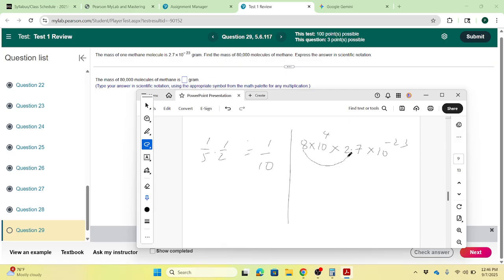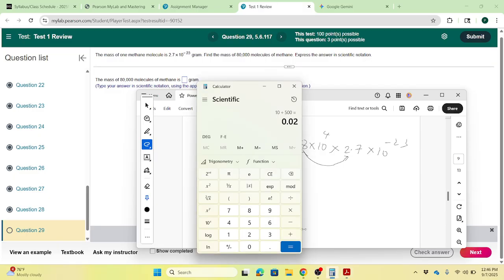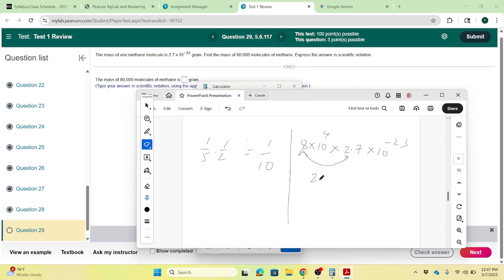You multiply 8 and this number, 8 times 2.7, which is 21.6, times, for the same base, you just have to do the addition. 4 minus 23, which is -19. So 21.6 times 10 to the power -19. And we want our answer in scientific notation.